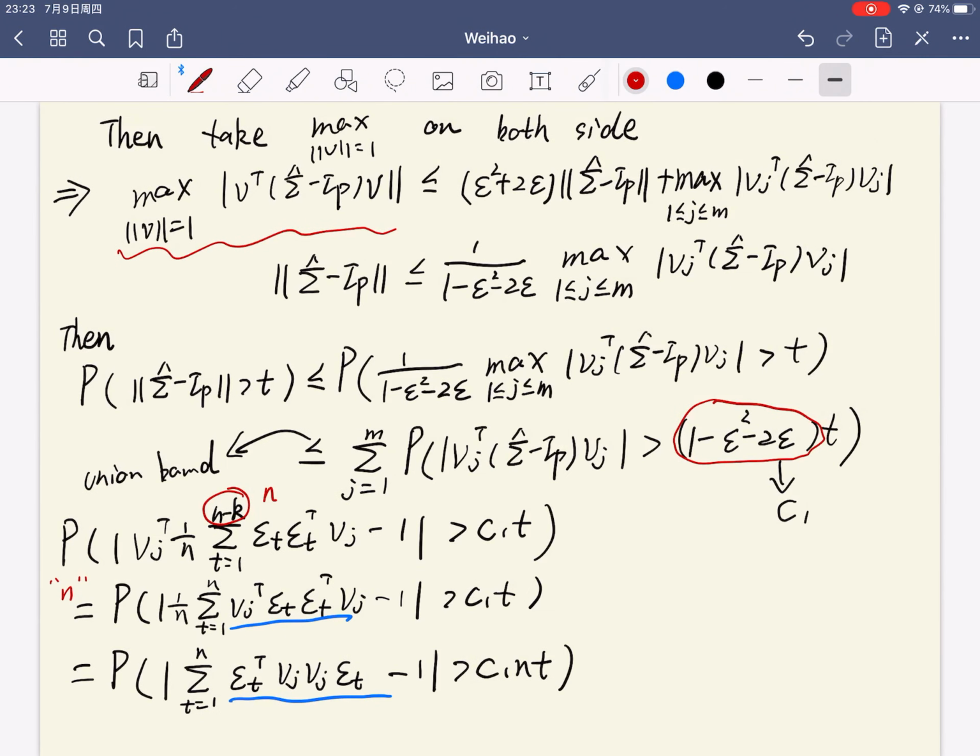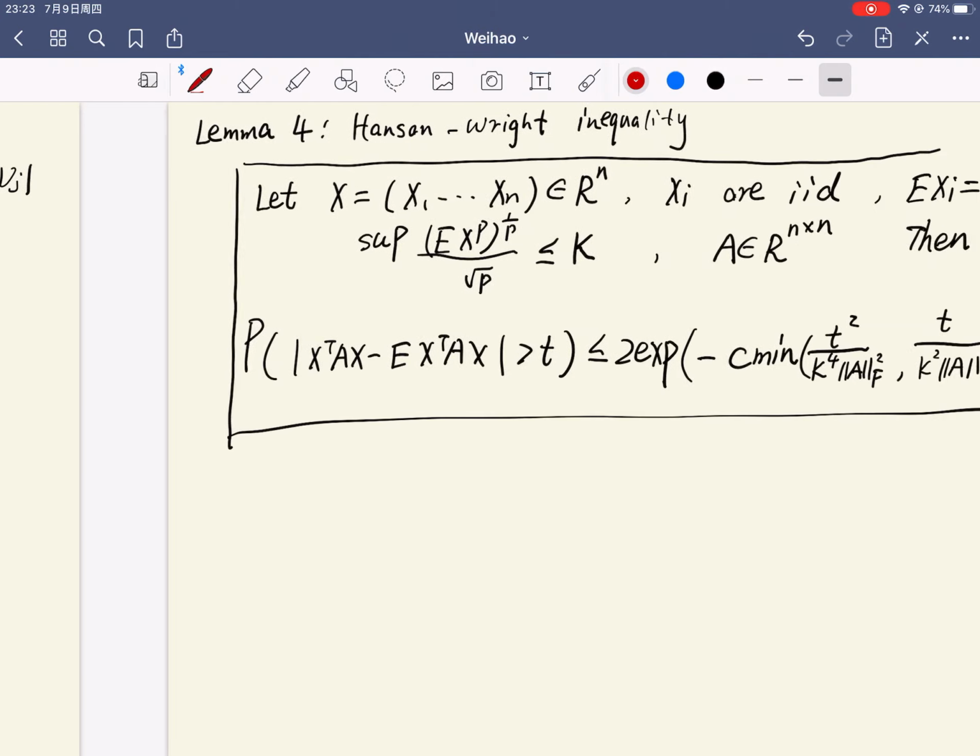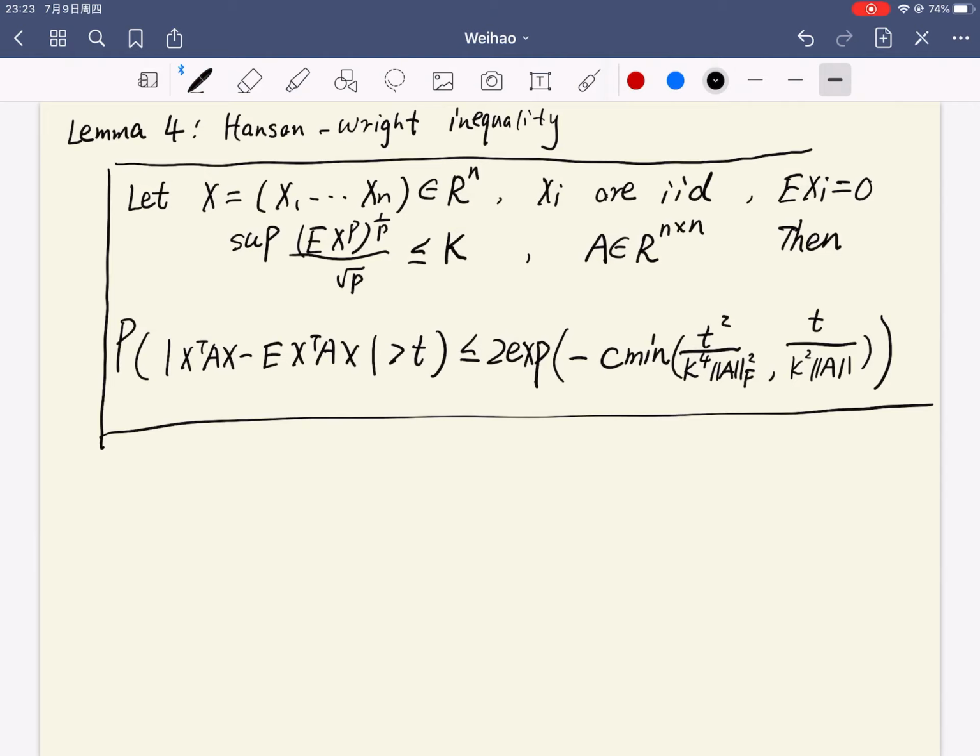Notice that we need to change this to the format like this. Let's do this transformation.